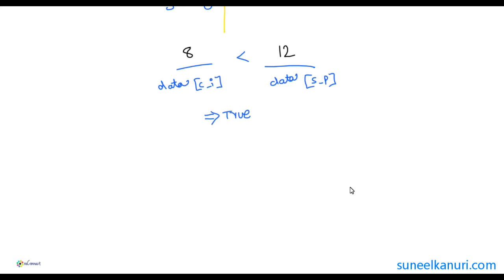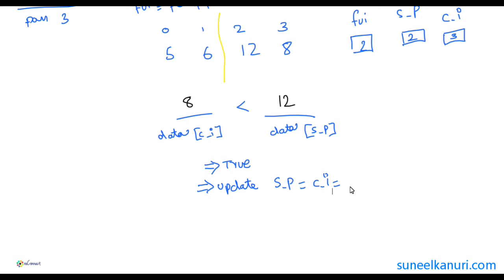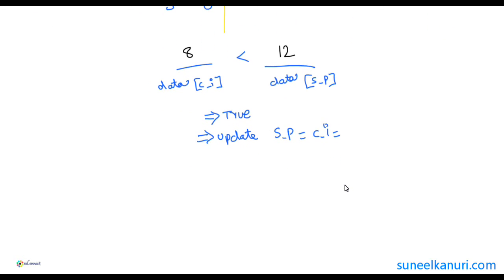In this case, we're going to update our S_P to wherever C_I, our current index, is pointing to. As we know, where is C_I pointing to? Position 3. So it will be position 3, and as always, we will update C_I by 1, which basically means C_I is going to be pointing to 4.